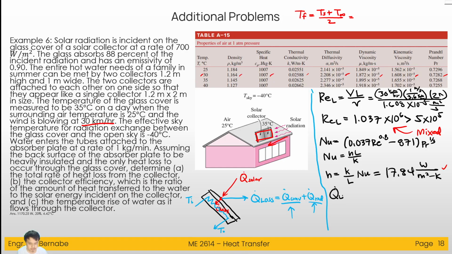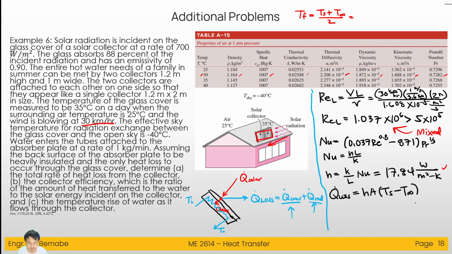So for the Q loss, I think I'll just write this down here and then we can use another page. Okay, so HA delta T, so TS minus T infinity. It should be positive, so we always make it positive.